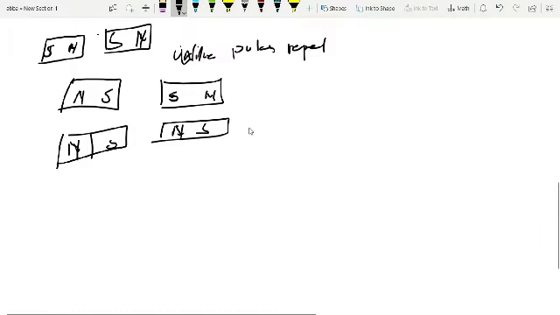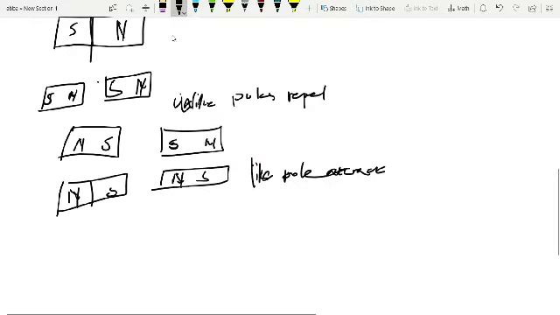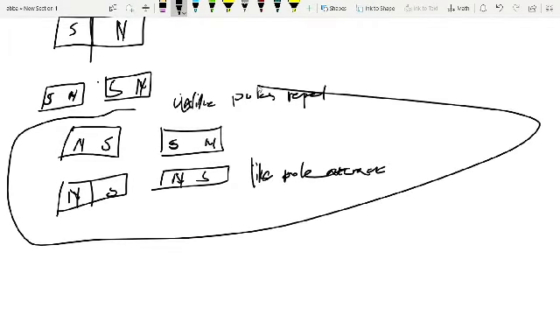Attract each other, right? Like poles attract each other. That is basically the theory around the poles of permanent magnets. Unlike poles repel, like poles attract, right?